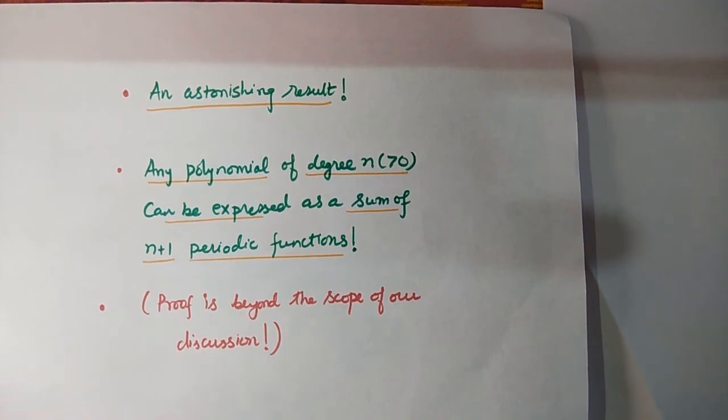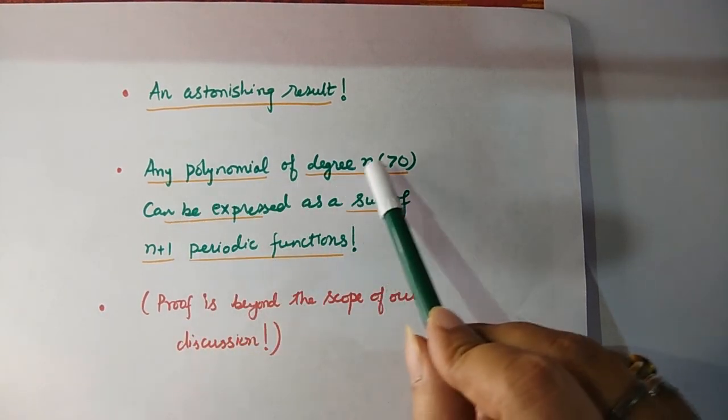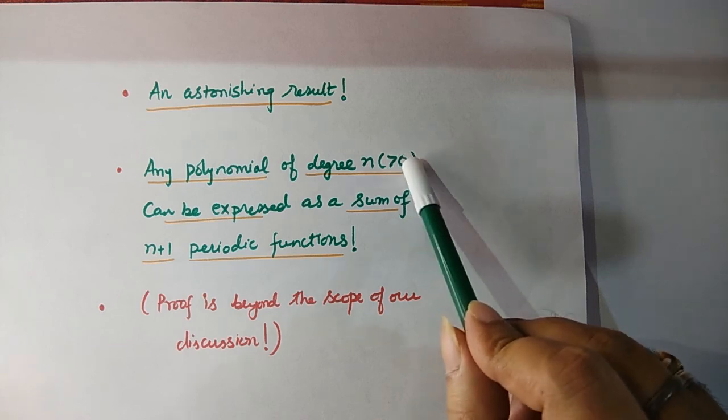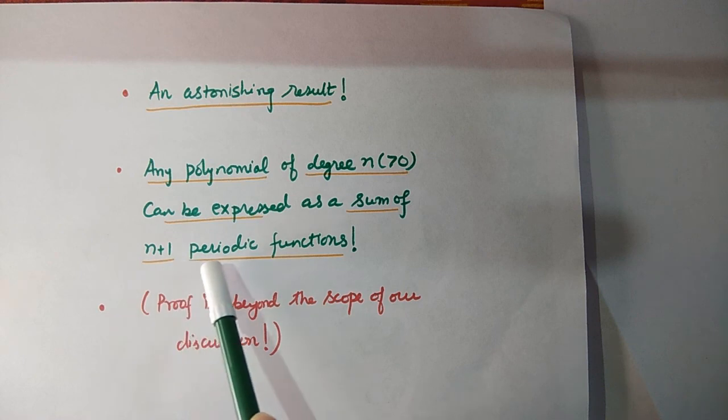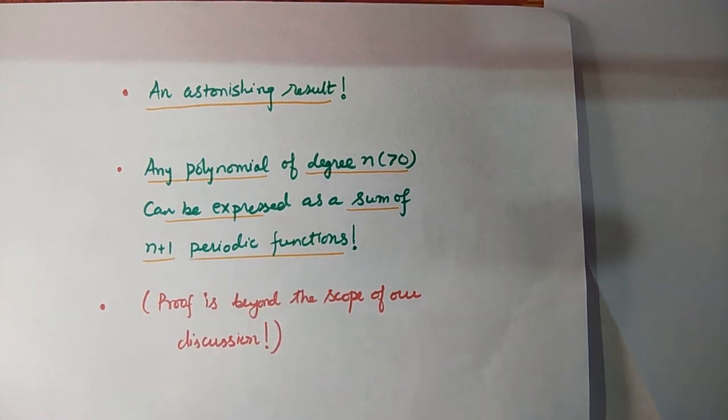Let me end this lecture by stating a very astonishing result, which is the following. A polynomial of degree n, strictly greater than 0, can be expressed as a sum of n plus 1 periodic functions. Now, this is quite a remarkable theorem because it is in no way intuitive why a polynomial of degree n can be expressed as a sum of n plus 1 periodic functions.